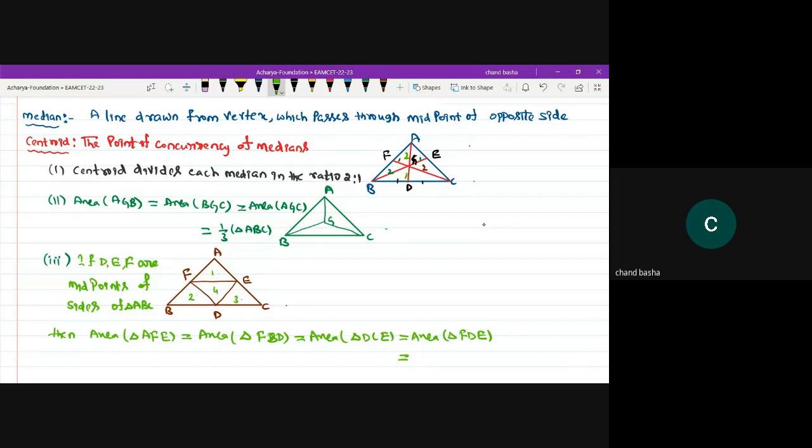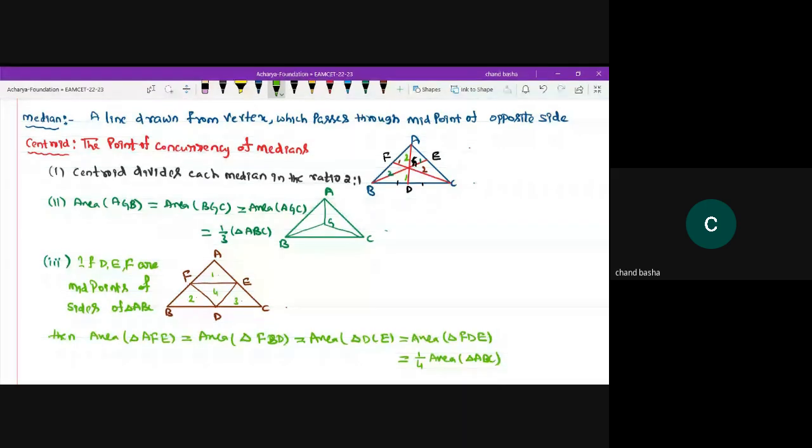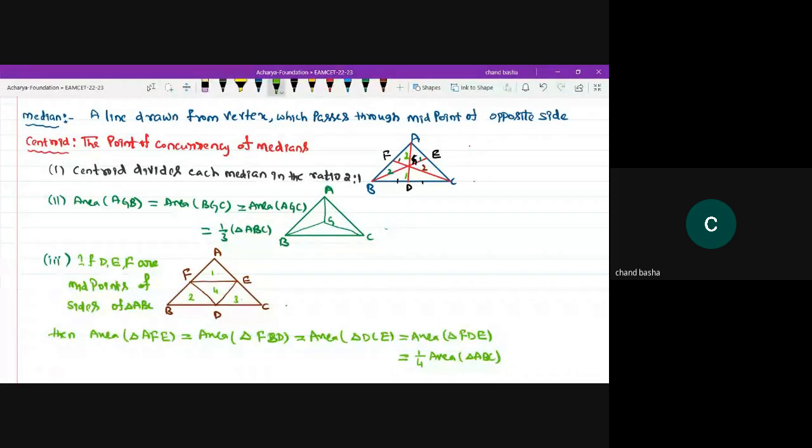So we can take it as 1/4 times the area of the triangle ABC. And the fourth point, the formula, I'm writing. So even the length of the median is also there.